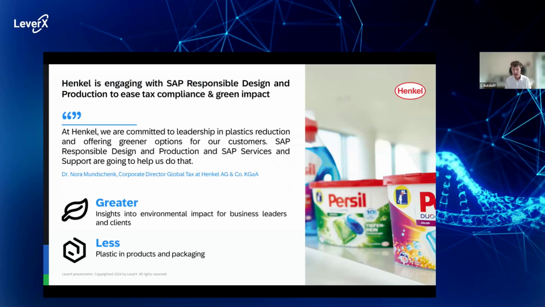An example here is Henkel, right? Henkel is using the tool, and they really see themselves there in the leadership for reducing plastic in their packaging, and then becoming more sustainable there. And so the tool, I think, helps them quite a bit in that direction.